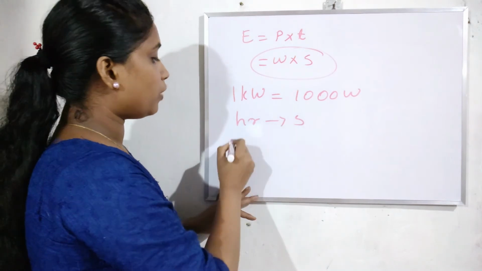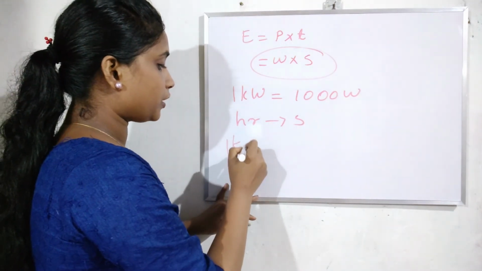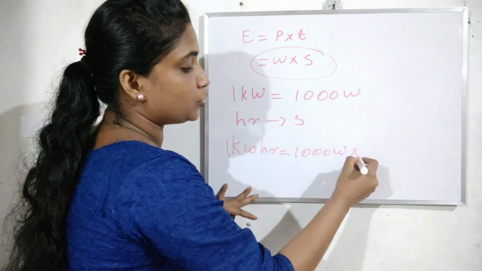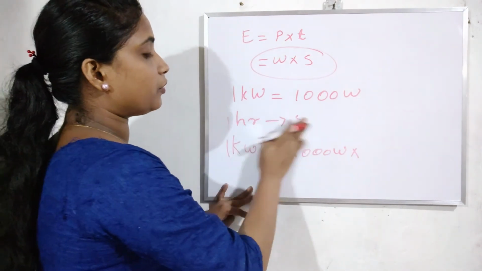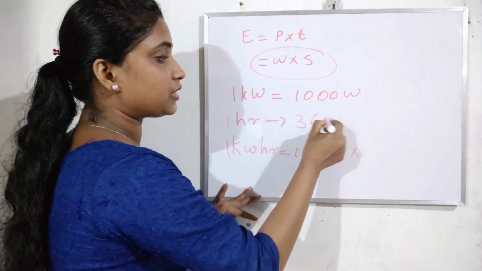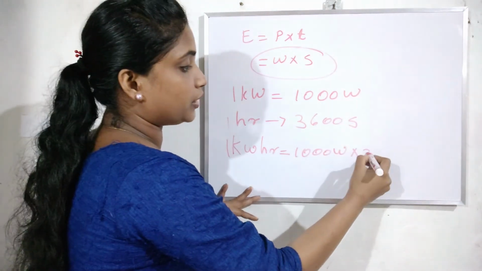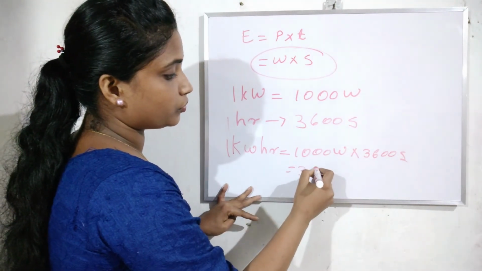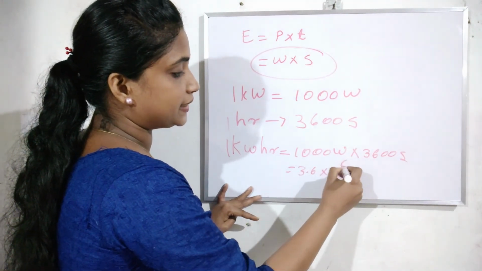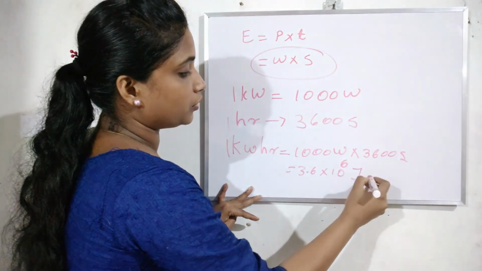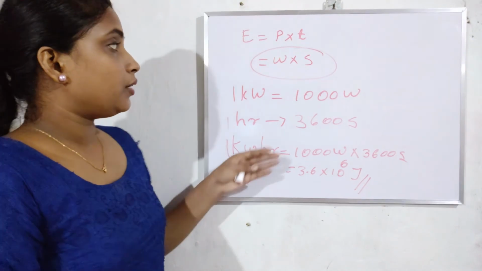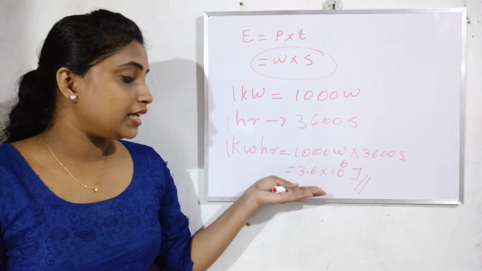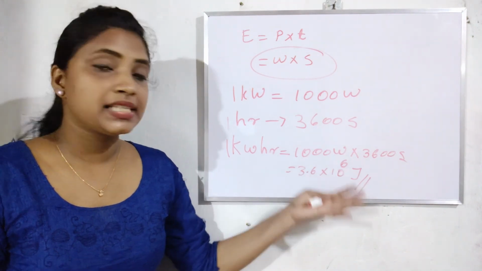So 1 kilowatt hour is equal to 1000 watt into 1 hour. 1 hour is equal to 3600 seconds. Simply we can write 3.6 into 10 to the power 6 joule. The unit of energy is joule. So instead of watt second, we use kilowatt hour in our daily life. It is nearly 3.6 into 10 to the power 6 joule.